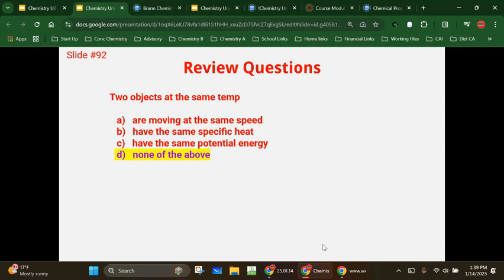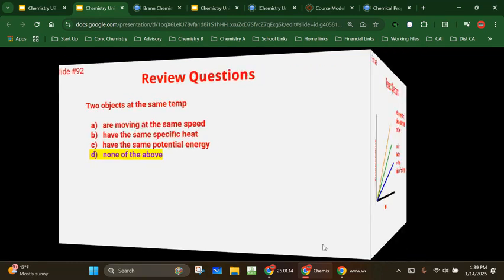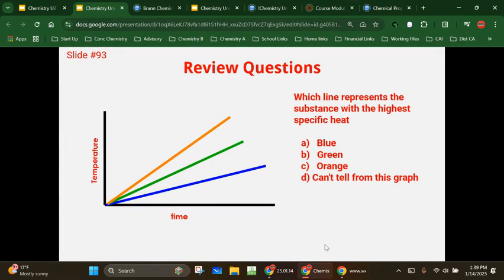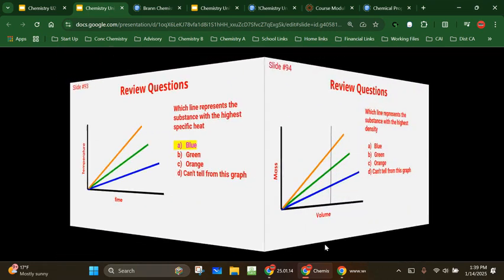Now, it is possible that 2 objects at the same temperature could be moving at the same speed, but they would have to have the same what? They would have to have the same mass, and because we don't know that here, none of the above would have been the best choice. Again, a specific heat problem, we won't look at it, we won't worry about it.